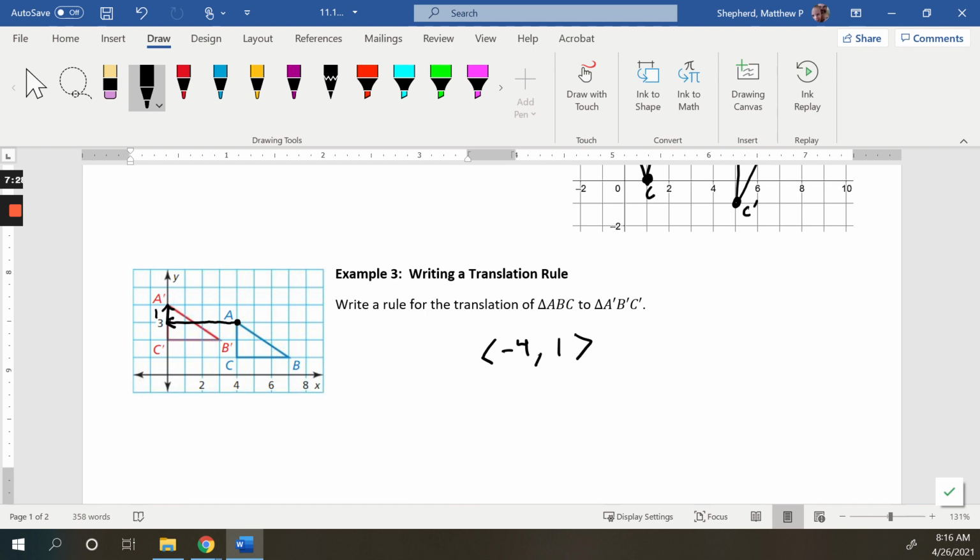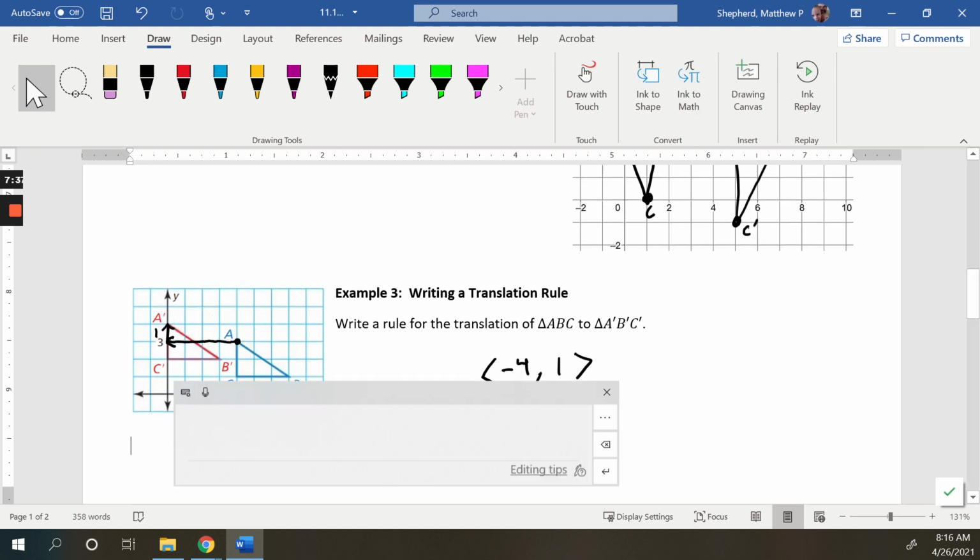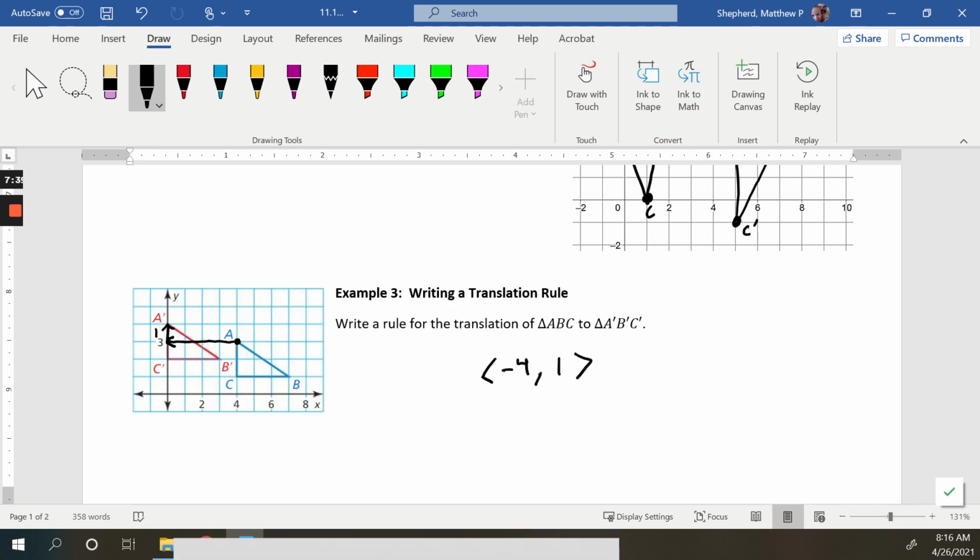Those two numbers are going to be the same for each of the points. We go backwards 4, up 1, for all of them. All of those points did that exact same transformation.